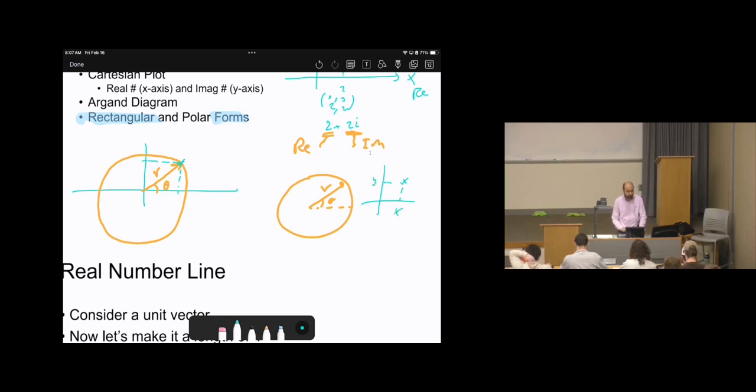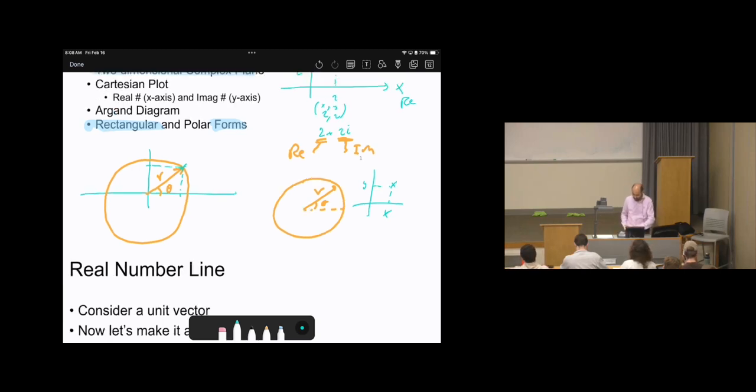Okay? So that's basically the complex numbers. We realize that it can be represented in two representations. We have one representation in rectangular format, and we have one representation in polar format.